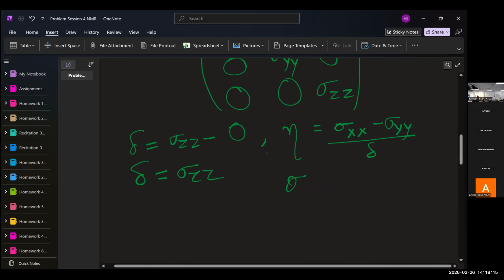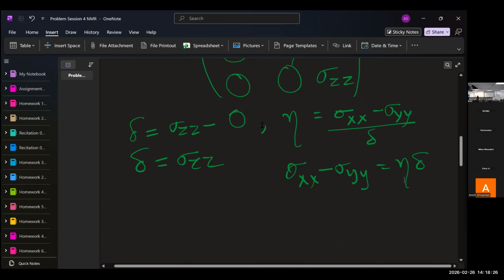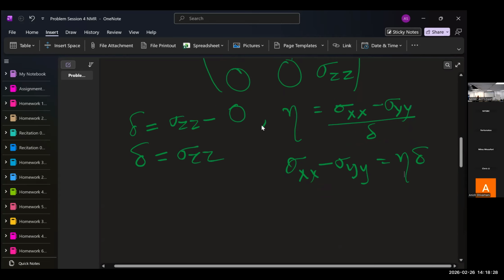How do I get sigma XX and YY in terms of delta and eta?